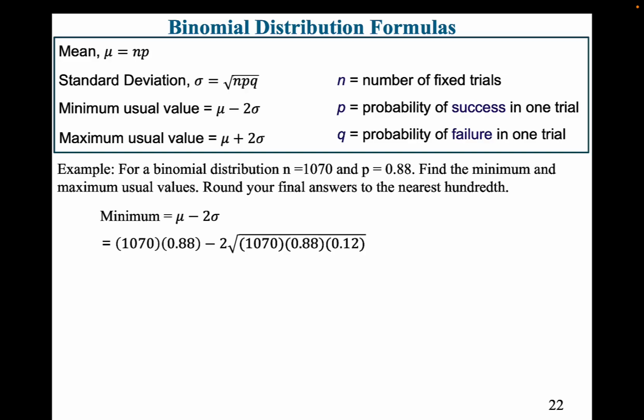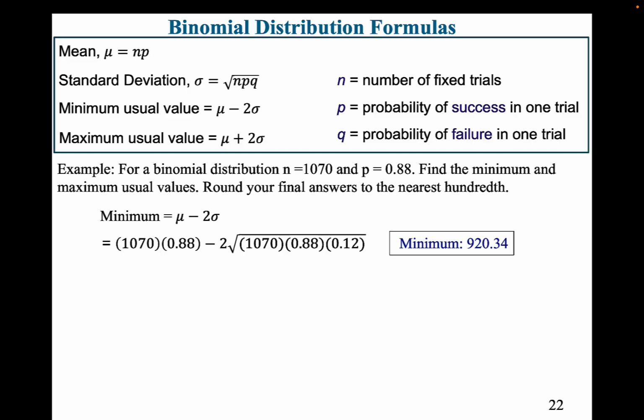Minus 2 comes from the formula, and then sigma turns into the square root of n times p times q, which is 1070 times 0.88, and q is the complement of 0.88, which is 0.12. If we type that in and run it correctly, we get a minimum usual value of 920.34.